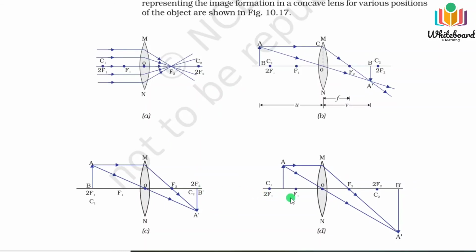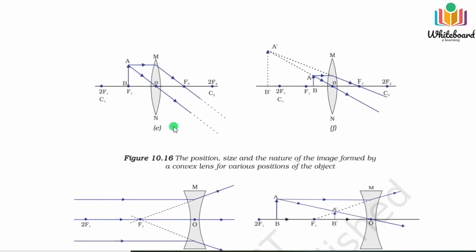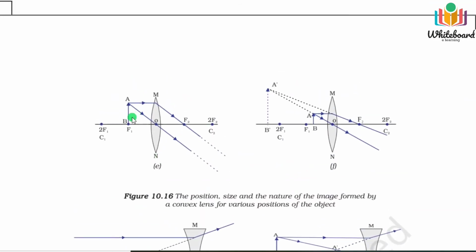If the object is between f1 and 2f1, the image will be beyond 2f2. If the object is placed at f1, the image will be formed at infinity. You can see these two rays will be parallel, so they will meet at infinity. That's why the image will be formed at infinity.